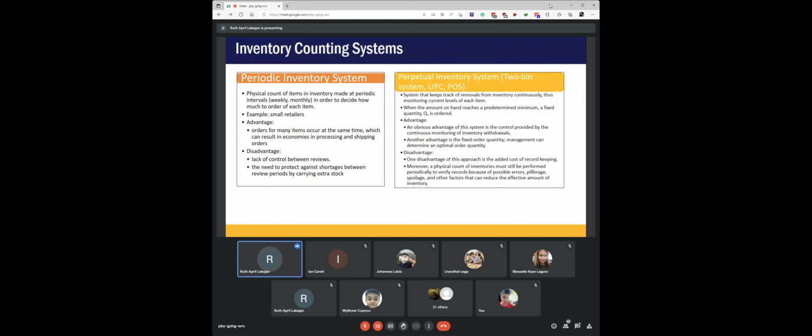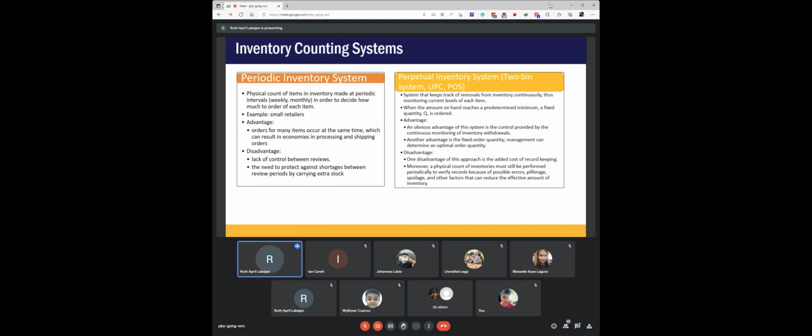Sa una, usually ginagamit din sa mga ginagmay na mga tindahan, mga small retailers. So what happens in a periodic inventory system? In a periodic inventory system, it involves the physical counting of items in inventory, which is made at periodic interval.